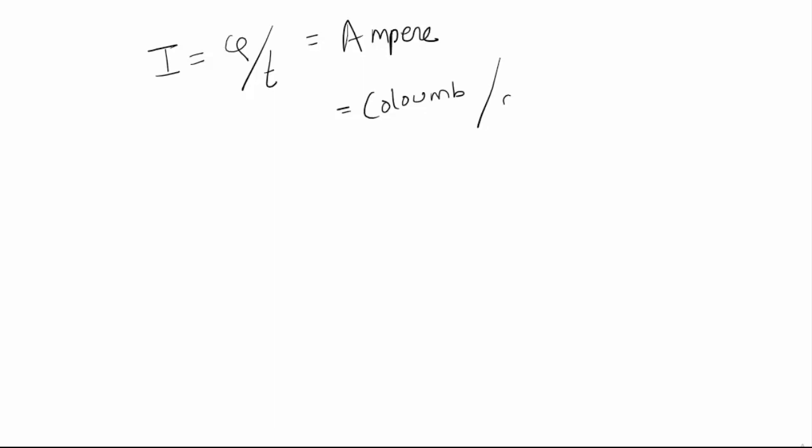So coming to the first topic, you'll need to know that the current is given by charge per unit time, and the unit of current is ampere, also coulomb per second when you're considering this in SI units.